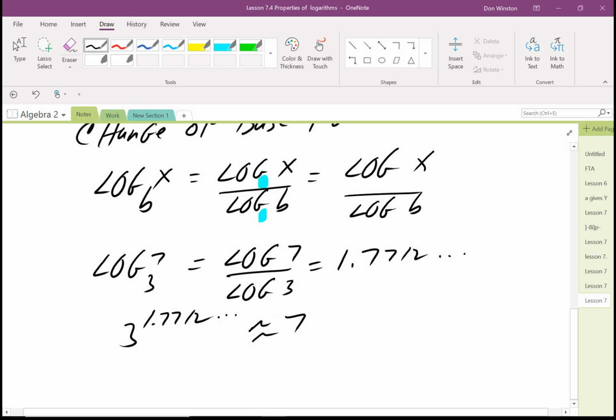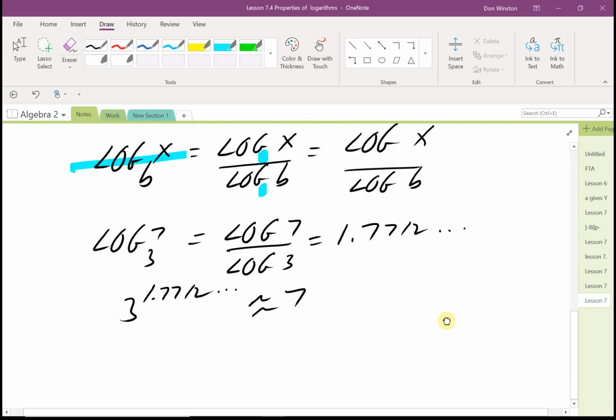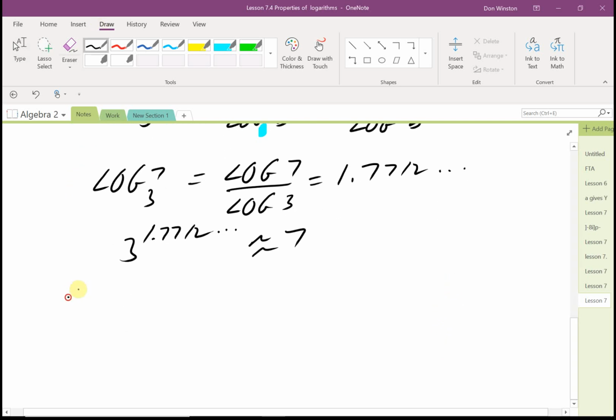All right, so it works. Change of base formula, very easy to understand. That log base b of x is equal to log base 10 of x over log base 10 of b. Very easy to do.